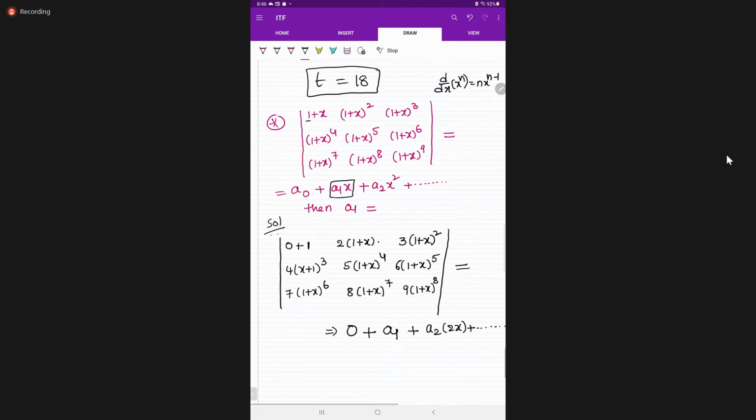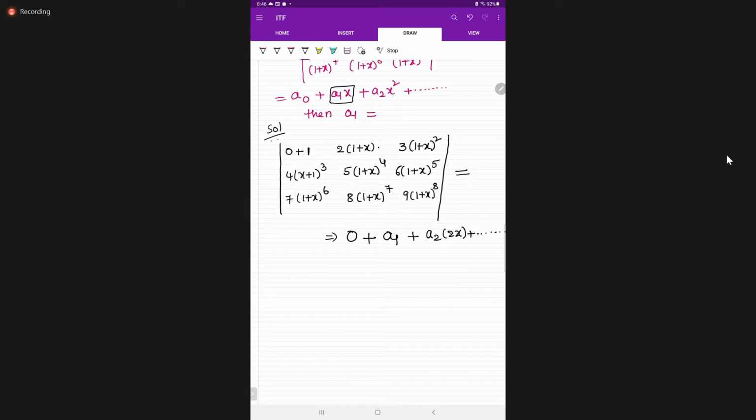Now if you put x equal to 0, then you can get a1, students.